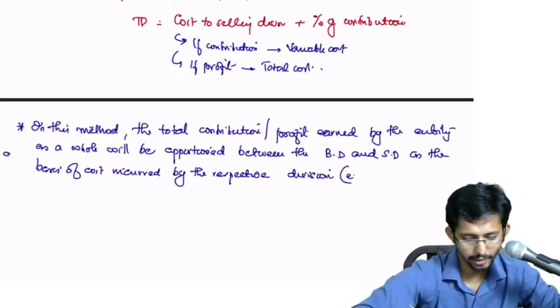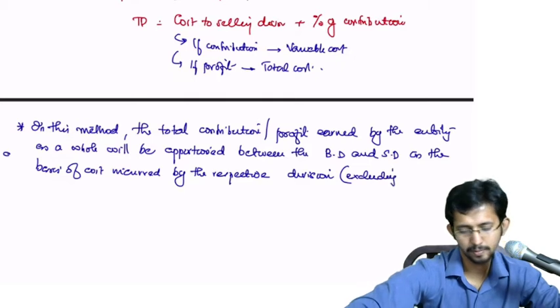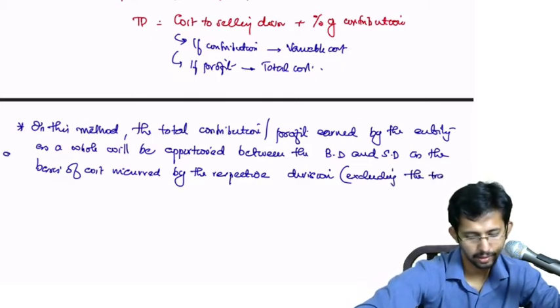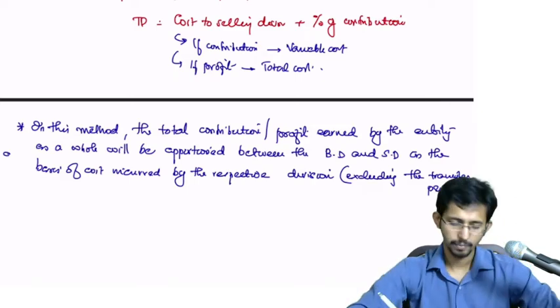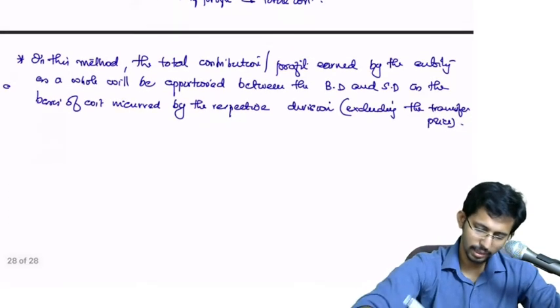In bracket you can write excluding the transfer price. Okay, then full stop.